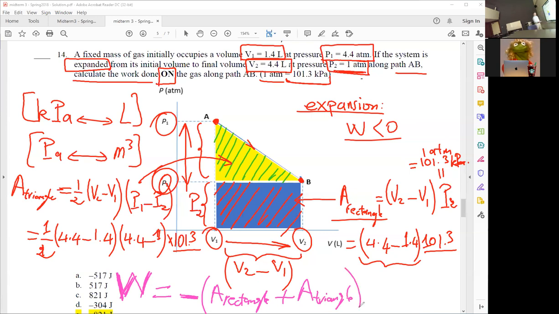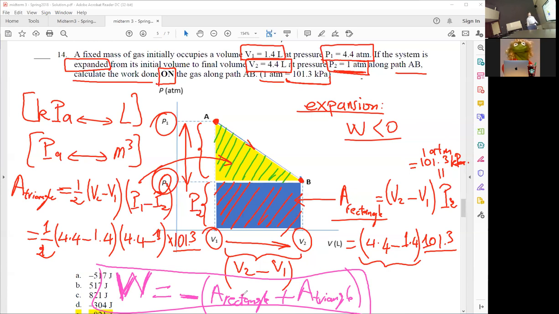Okay, so this will be your work done. In this case, I know it's negative, because it's going to be a work corresponding to an expansion. So it's negative the area of rectangle plus the area of triangle.